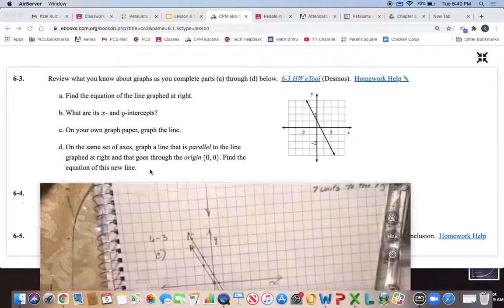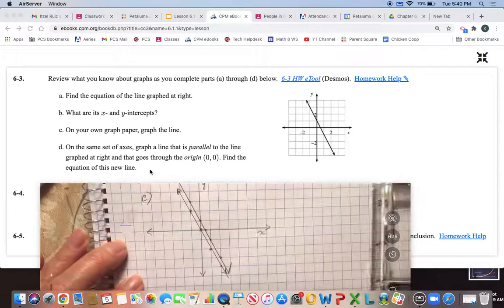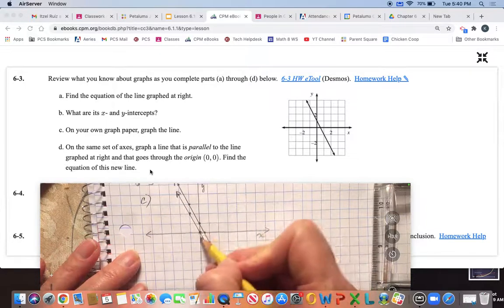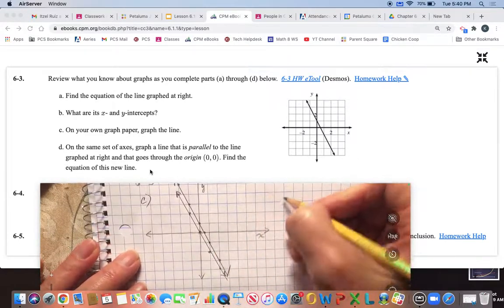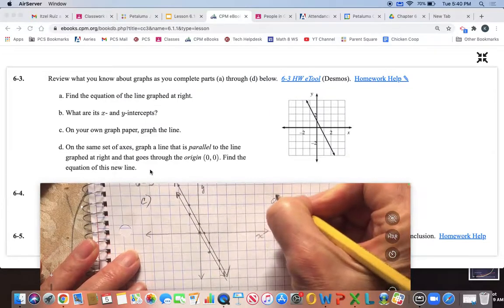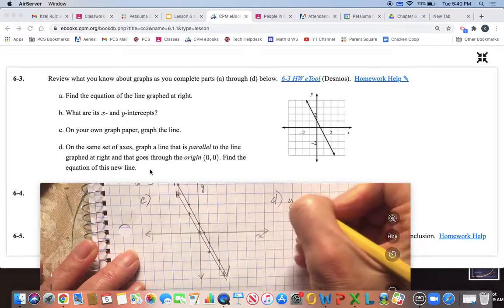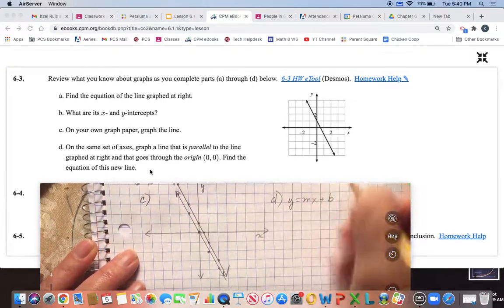And so now we need to write the equation for this line. So we'll do the same thing that we did before. So we know that it goes through the axis at 0. So if I write the equation for the line, y equals mx plus b.